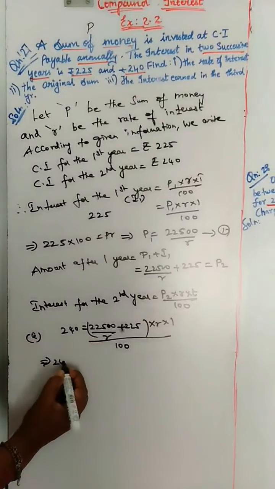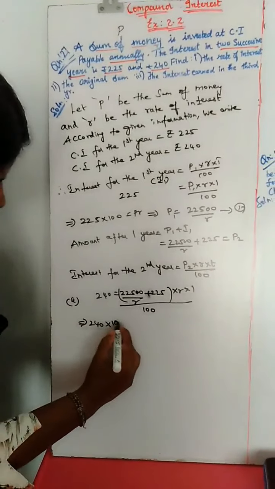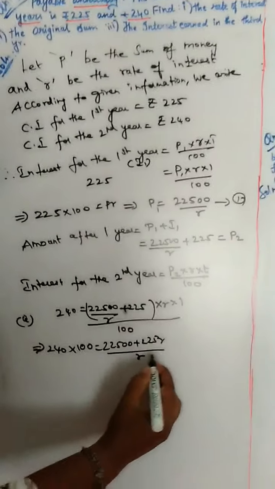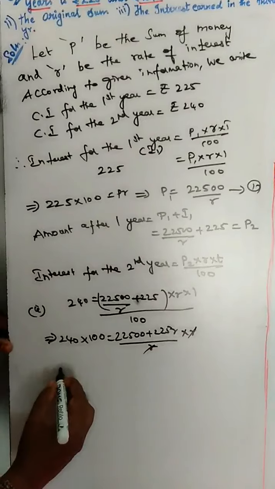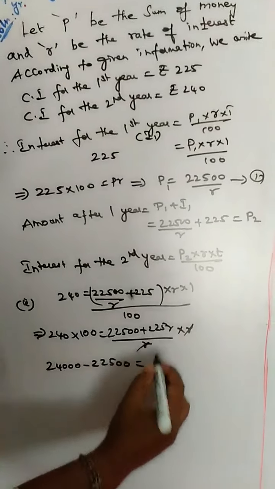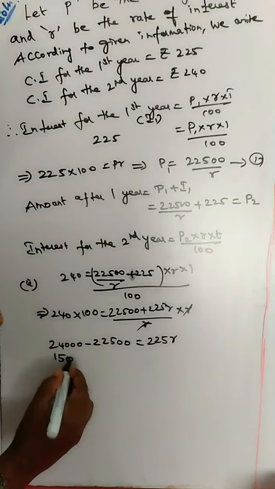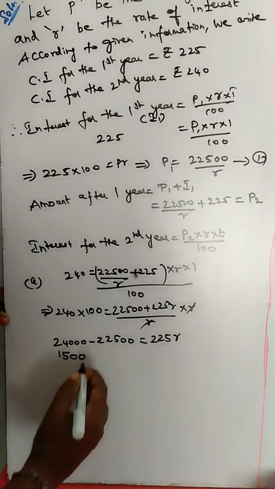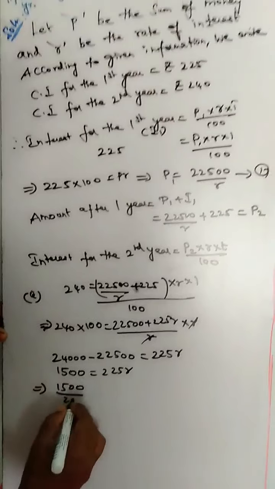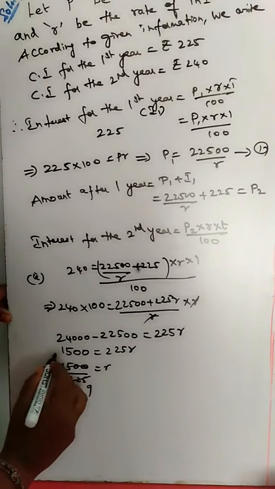Next, 240. Bringing this 100 to this side and taking the LCM, we get (22,500 plus 225 R) divided by R, into R. Cancelling this R, we get 24,000, and taking the 22,500 to this side and keeping the 225 R, we get 1,500 equals 225 R. So 1,500 by 225: cancelling by the 25 table, this is 9 times and this is 60 times.